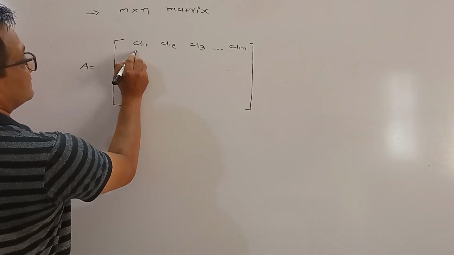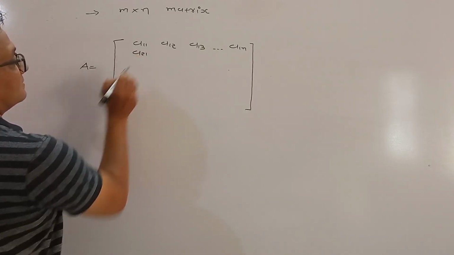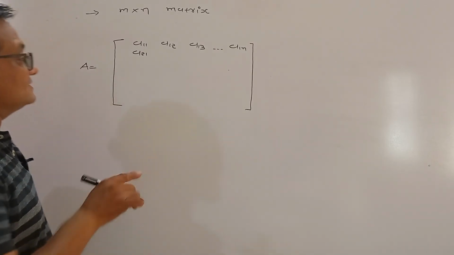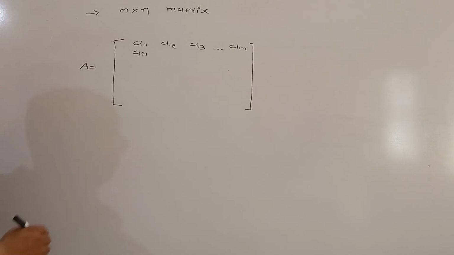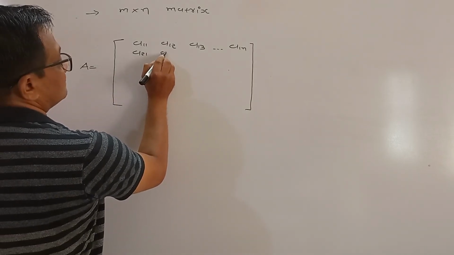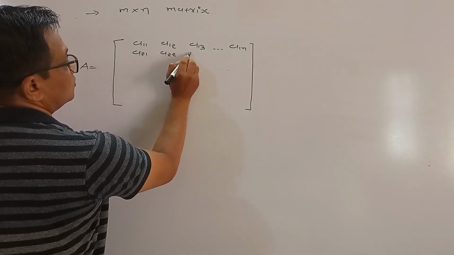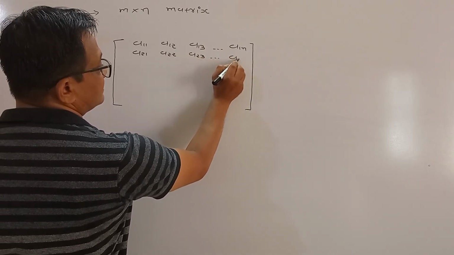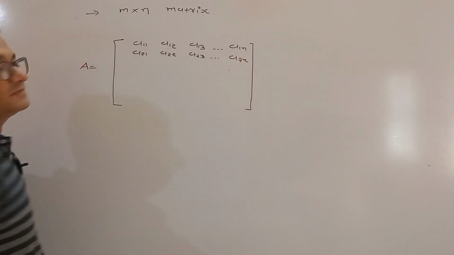Now the second row. Second row, first column, so we can write a21. The first number stands for row and the second number stands for column. So a21, a22, a23, and so on, and the last element a2n.